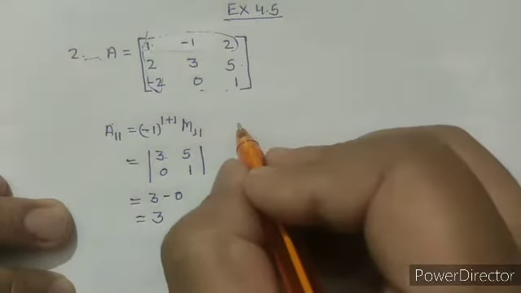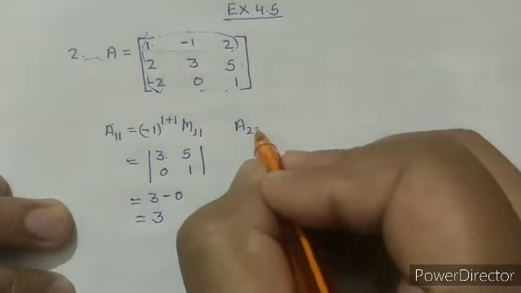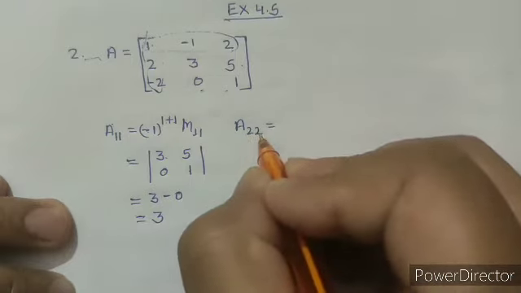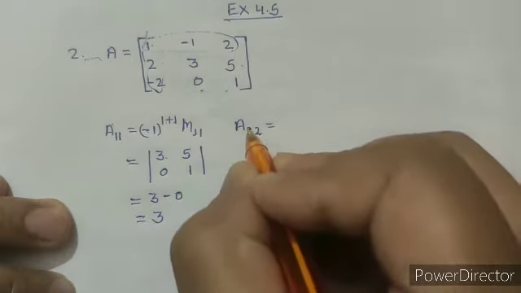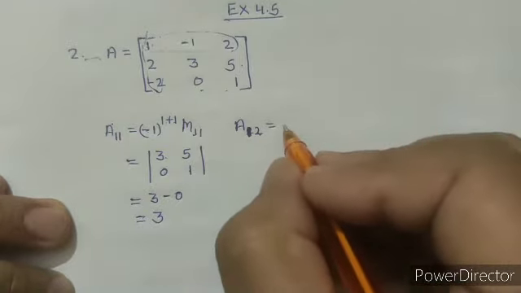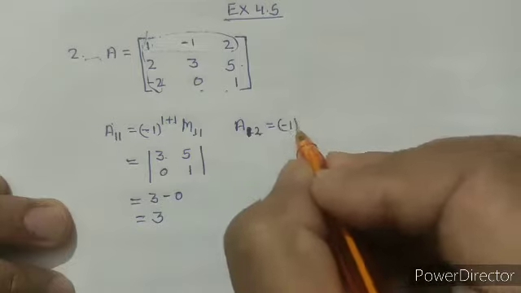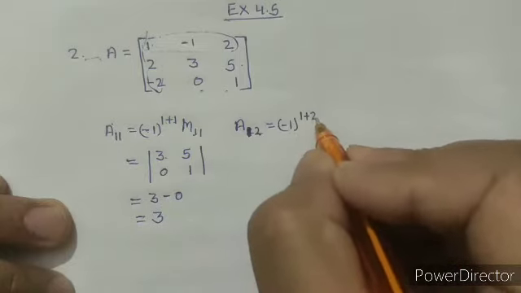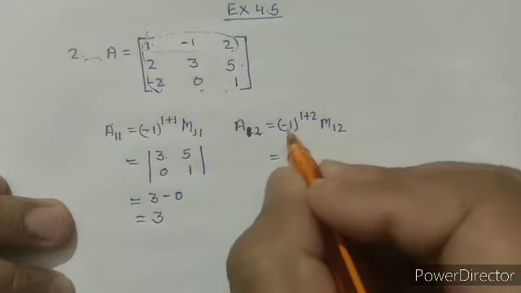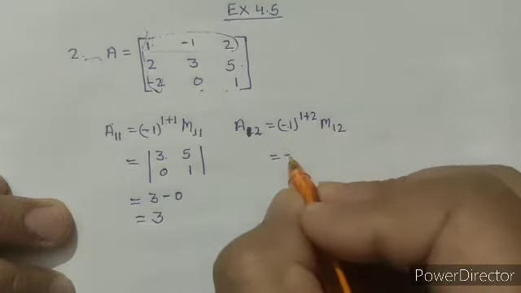Now similarly, A12, the cofactor of the second element of the first row, will be minus 1 raised to power 1 plus 2 into minor of 12. Minus 1 raised to power 3 will give us the negative sign.